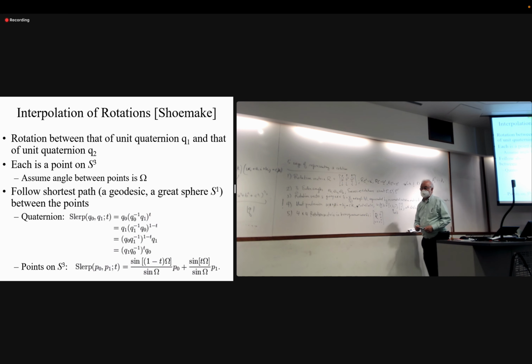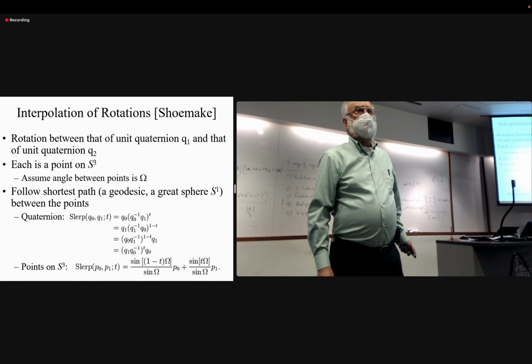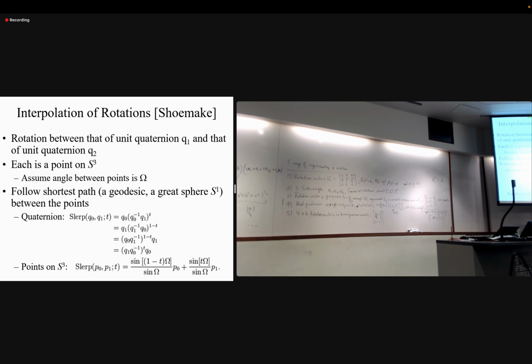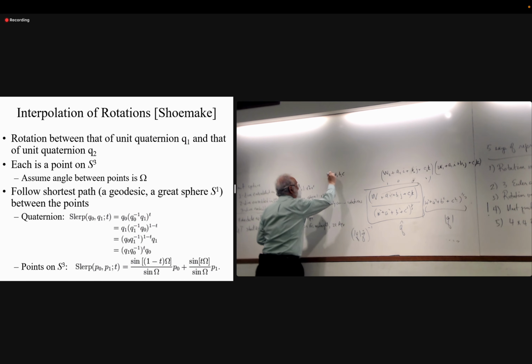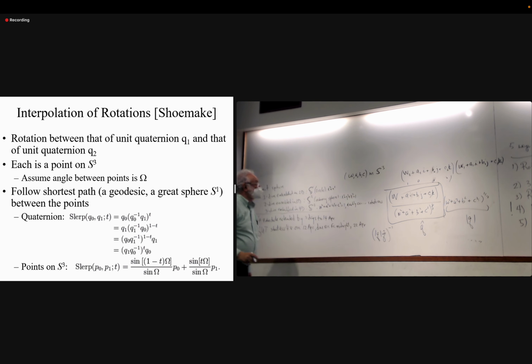Here's a fairly big deal. A unit quaternion is a point w, a, b, c on S3.